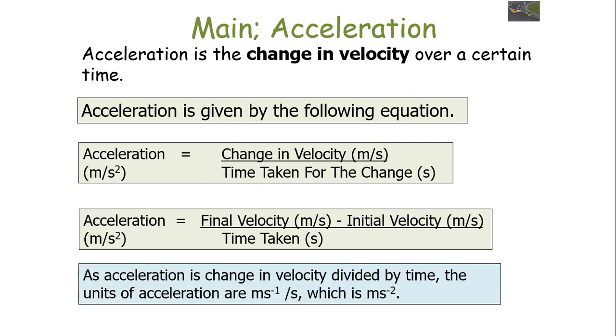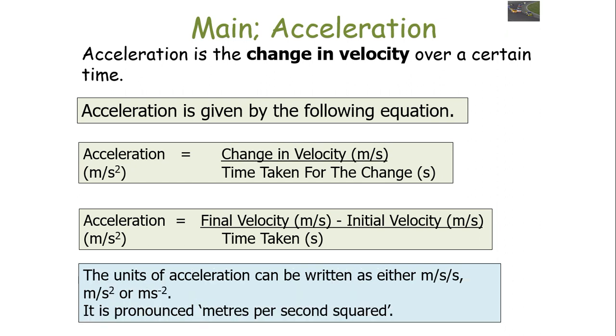Now, as acceleration is a change in velocity, which is meters per second, divided by a time, which is in seconds, the units of acceleration are therefore going to be meters per second divided by seconds. So it's meters per second per second, or meters per second squared.